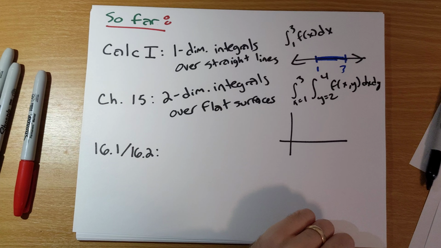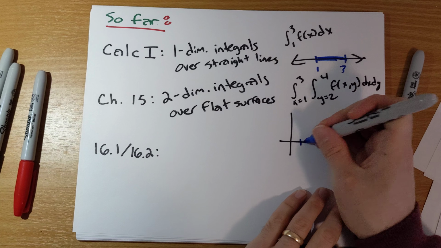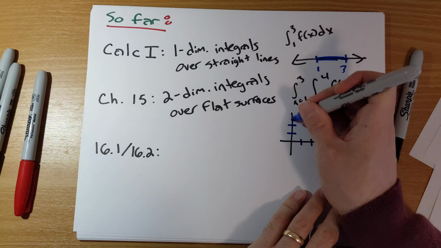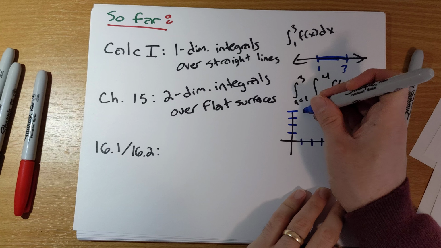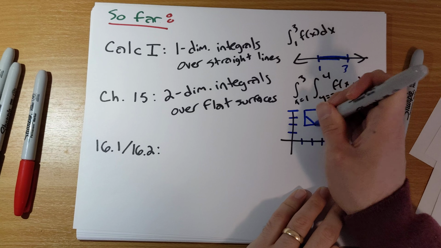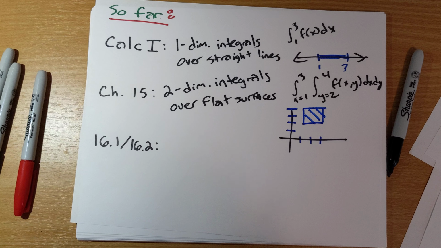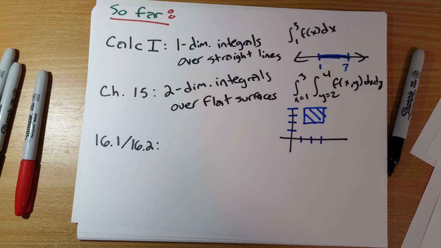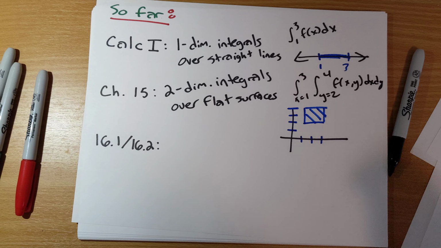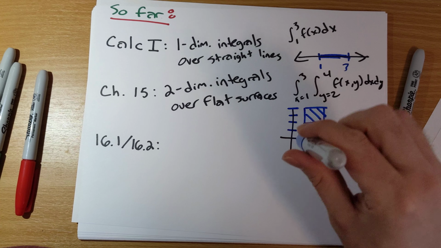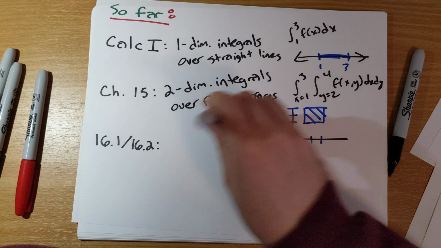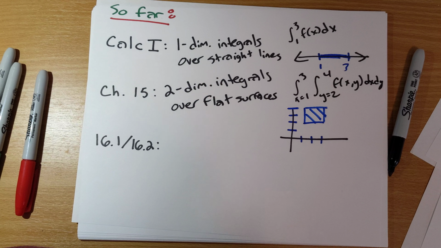And the region that we're integrating over is this region right here in the xy plane. And we're thinking about the xy plane as being part of three-dimensional space. That's a flat surface.